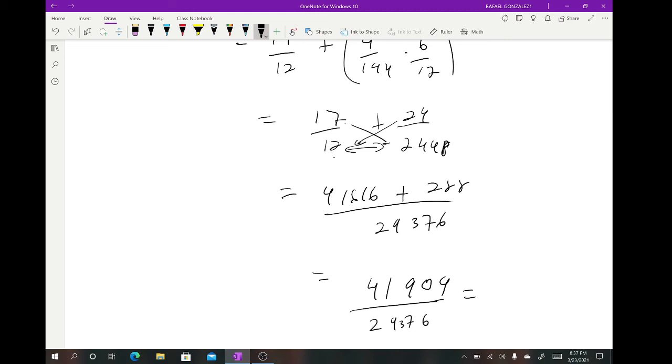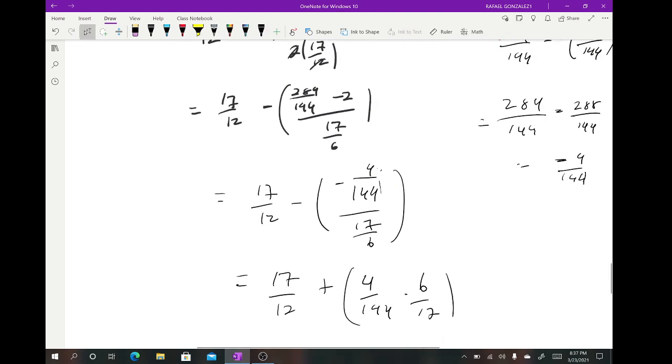And then if you turn that into a decimal, that equals roughly 1.719067, unless I made a mistake. Hopefully I didn't make any mistakes anywhere, but I could have.